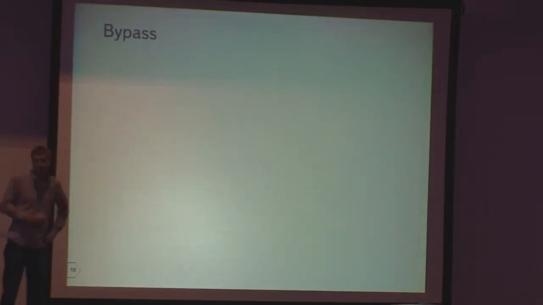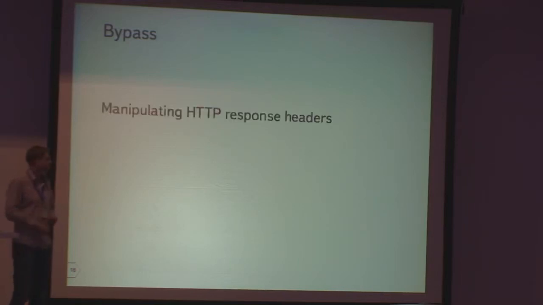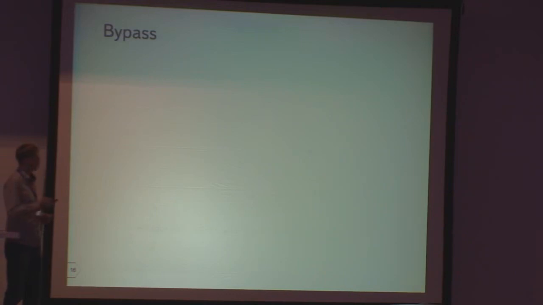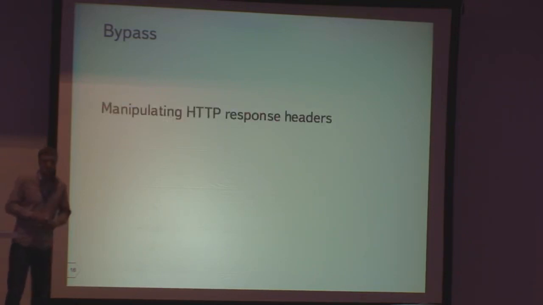When we talk about some defense mechanism, we of course should talk about how an attacker can bypass it. And if we talk about content security policy, the first one is about HTTP headers. As I already said, you can specify your content security policy via a special HTTP response header.